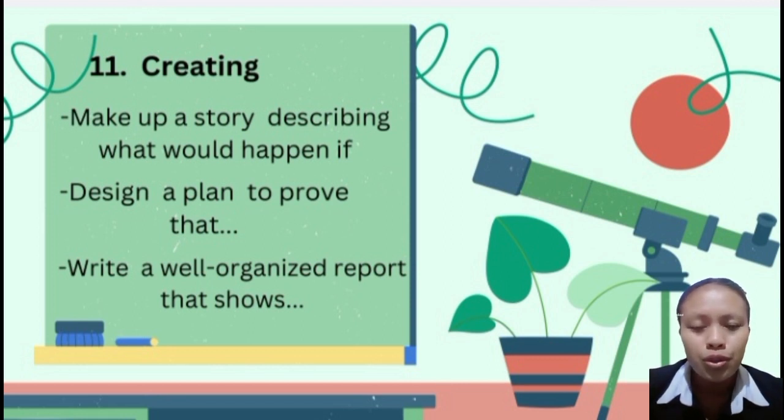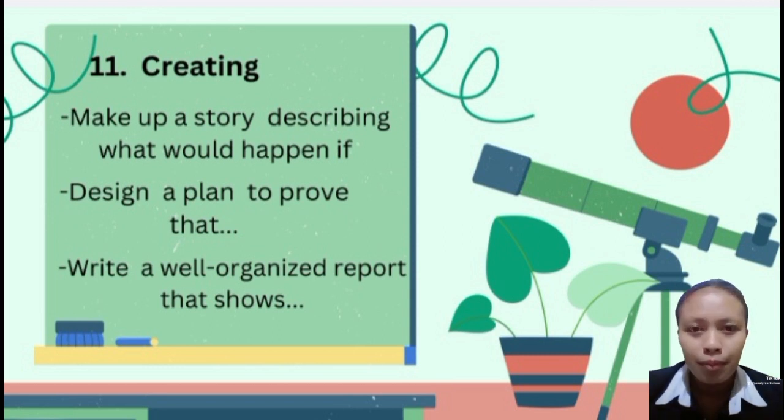So, we observe this is the last one and the most complex of them because it deals with your analysis and critical thinking. But always remember that in creating, the keyword is you will make it on your own.